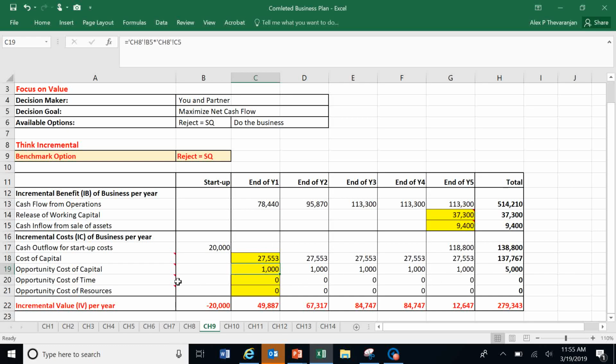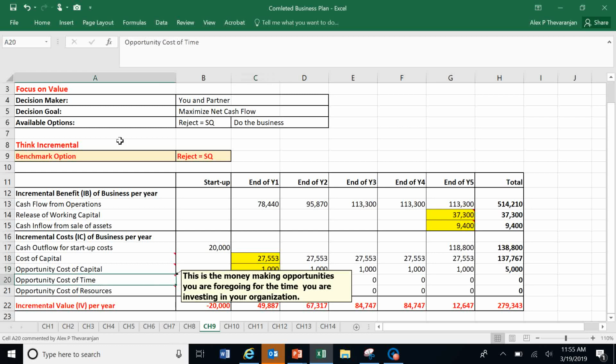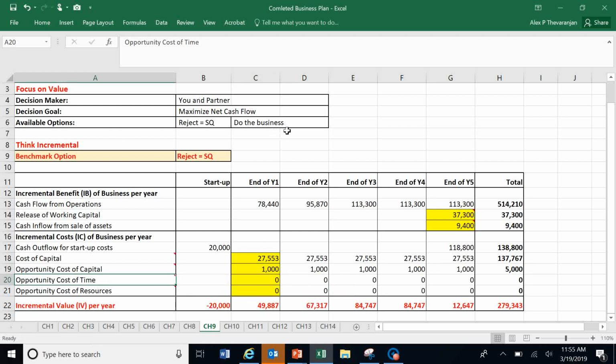Then your opportunity cost of time. By doing the business, you are tying up your time, so are you foregoing any income? If you do it as a side business, you are not foregoing any income, so we have put 0. But if somebody is going to do this full time, this can be a pretty high number. For example, if somebody is going to make $50,000 or $100,000 and is foregoing that, then you will see this number become negative.